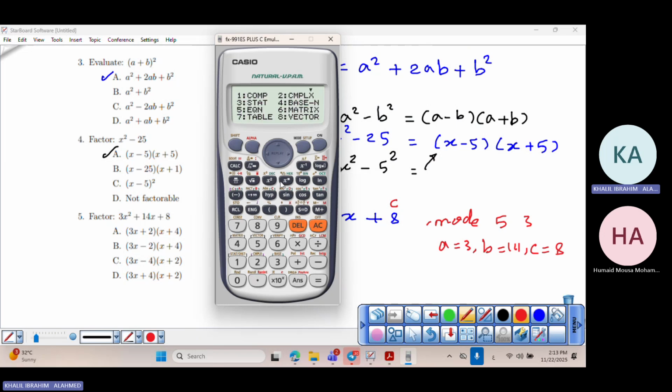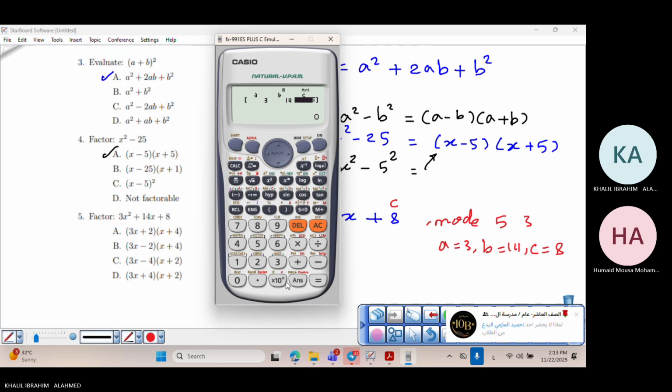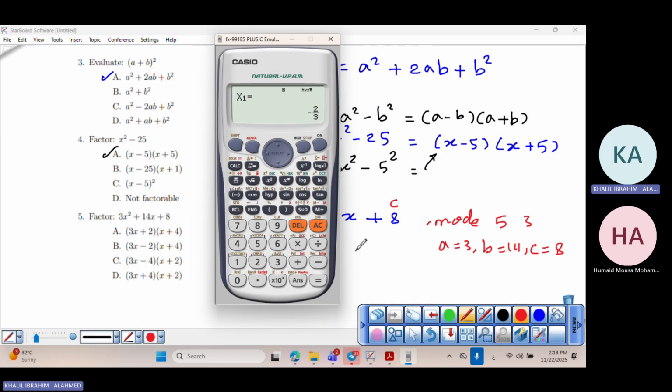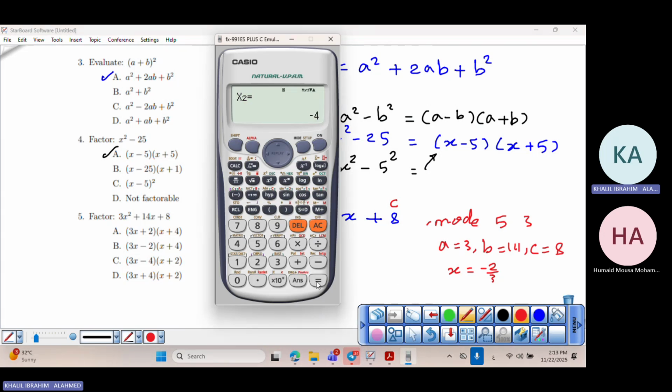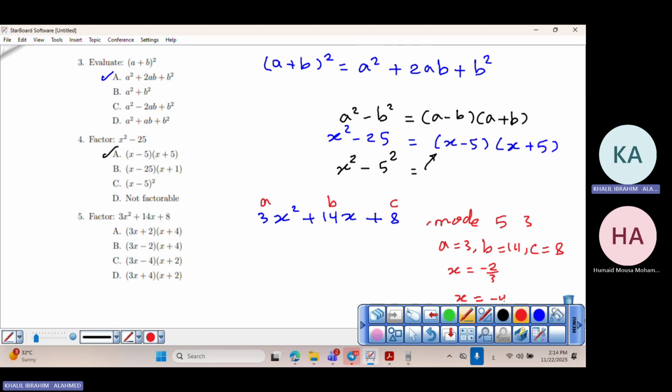Okay, mode 5-3. A is 3, B is 14, C is 8. The answer is x equals negative 2 over 3, and the second answer is x equals negative 4.